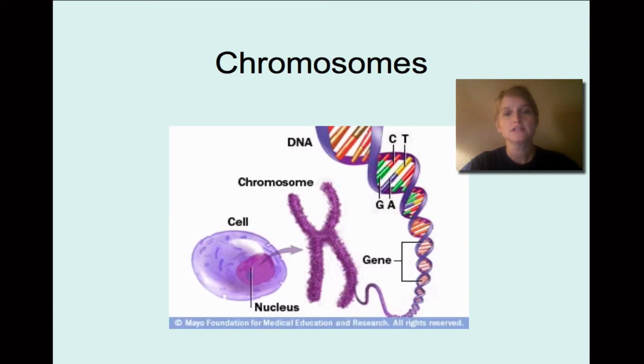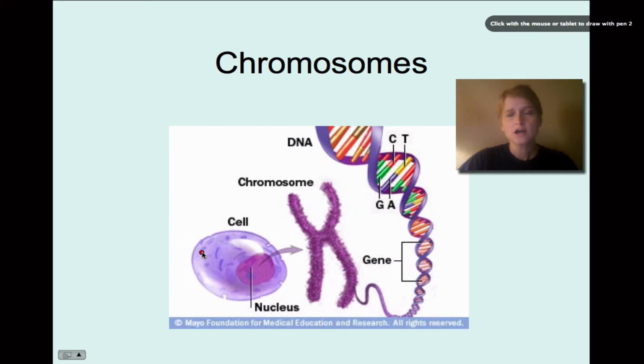All right, so let's look at chromosomes. Chromosomes are where the genetic information is stored in the cell. Just to give you a mental image of this, it's easier if you have a good understanding of where all of these things are.